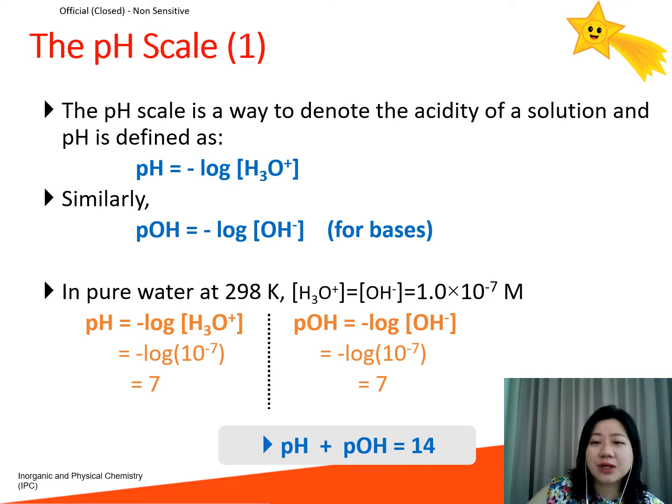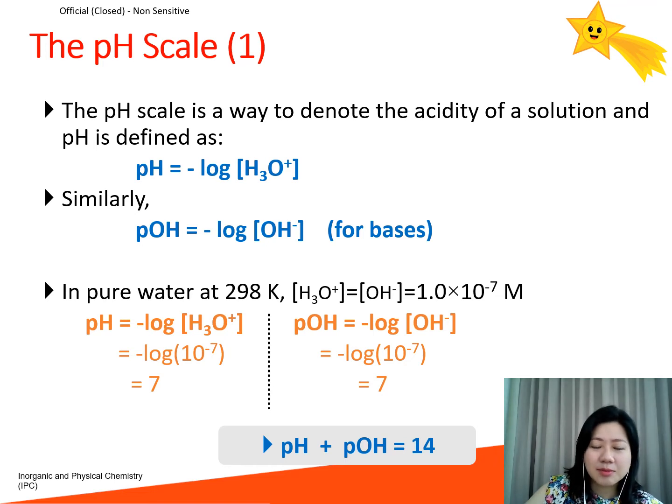Pure water at 298 Kelvin contains 1 times 10 to the power of negative 7 molar of H3O+ and 1 times 10 to the power of negative 7 molar of OH-. So if we calculate the pH and pOH of pure water, we get a pH of 7 and a pOH of 7. We also note that pH plus pOH equals 14.